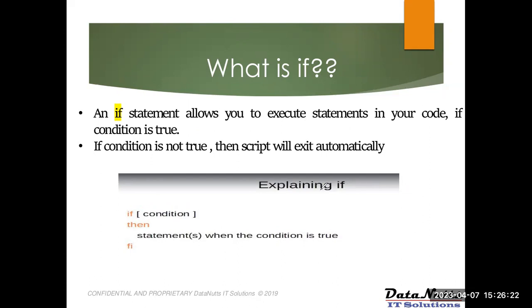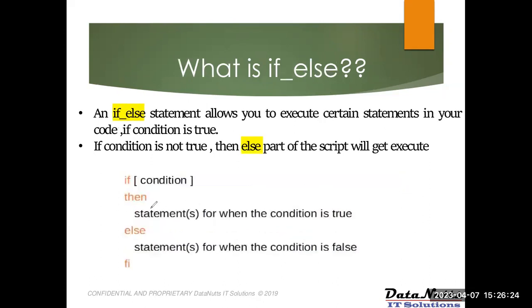Before seeing the program, we'll discuss the next structure also, that is, what exactly is the if else. If else allows you to execute a certain statement in your code if the condition is true. If the condition is not true, then the else part of the script will get executed. The syntax is like this: if, then whatever condition you want to check, then the then keyword.